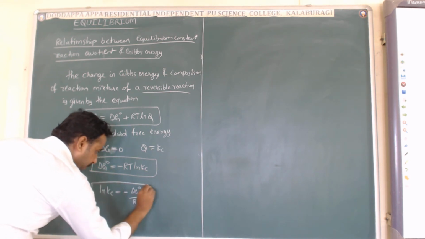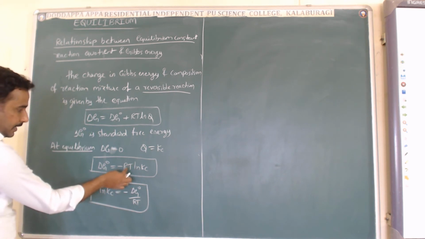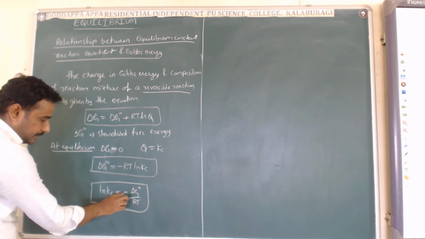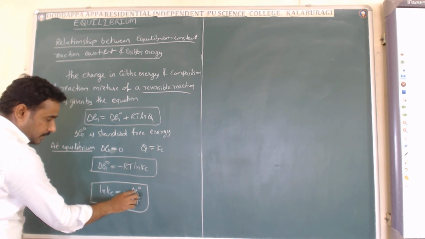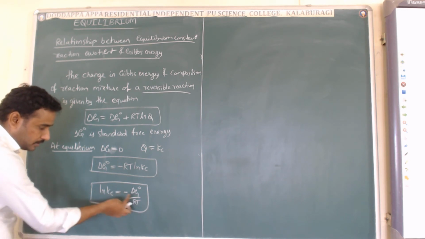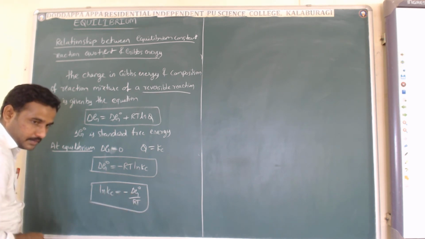This is also a very important equation. Ln Kc is equal to minus delta G naught by RT.